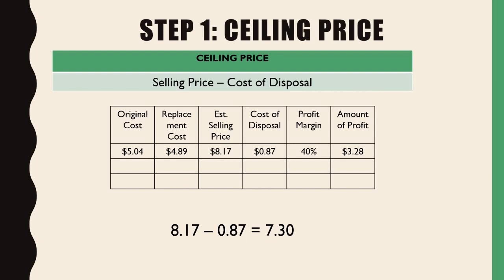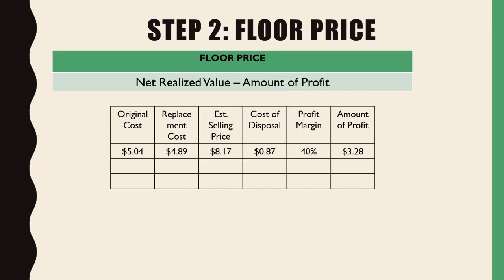Okay? So now that we established that that's my ceiling, I need to go ahead and determine my floor. Okay? So how do I determine my floor? Step 2. It's going to be your net realizable value minus the amount of profit. What is net realizable value? Net realizable value is the same thing as your ceiling price, right? Selling price minus your cost of disposal is your net realizable value.